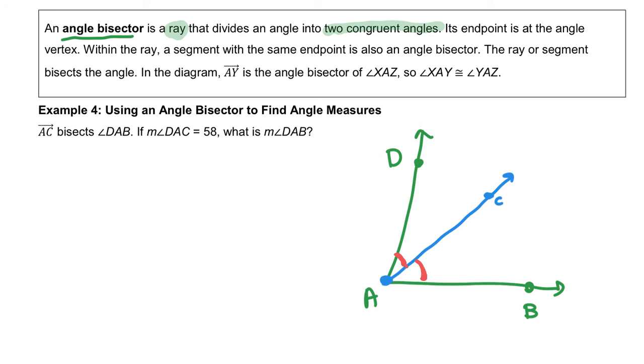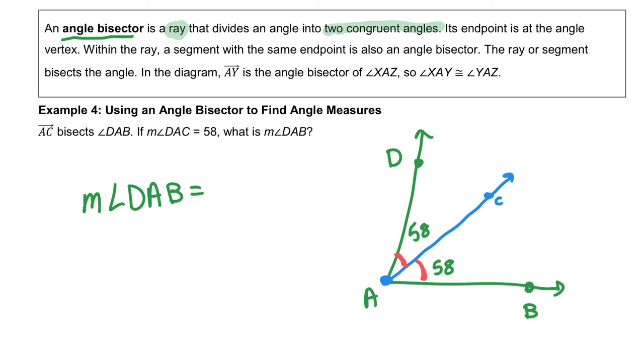And it says if DAC is 58, what is DAB? So if DAC is 58, it's this little part right here. If this angle is 58 degrees, that means that CAB is 58 degrees because this angle is being bisected, so it creates two equal measure angles. So the measure of DAB is just double the measure of 58.